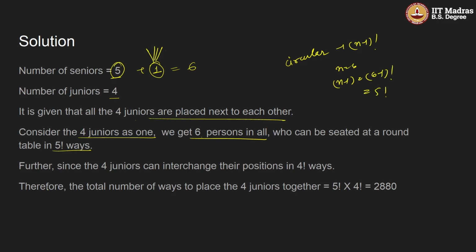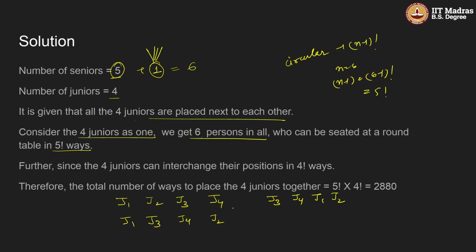Okay. Further, since the 4 juniors can interchange their positions, right? Here, like if this is J1, J2, J3, and J4, they are sitting like this. Also they can sit like J3 here, J4 here, J2 here, or they can sit like J3 here, J4 here, J1 here, J2.